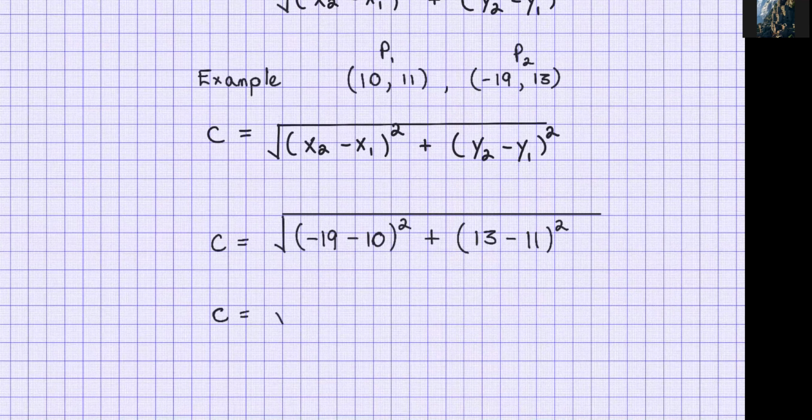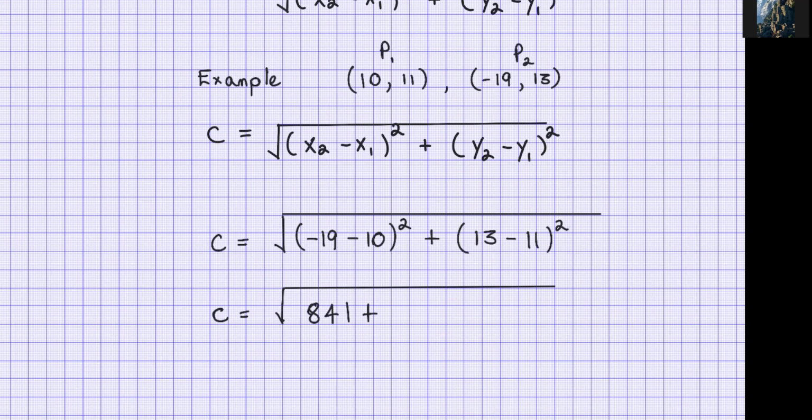So I will have the square root of, and now I can use my calculator. I can just put these numbers in the calculator. Negative 19 minus 10 equals negative 29, squared, it will be 841, plus 13 minus 11 is 2, squared is 4.